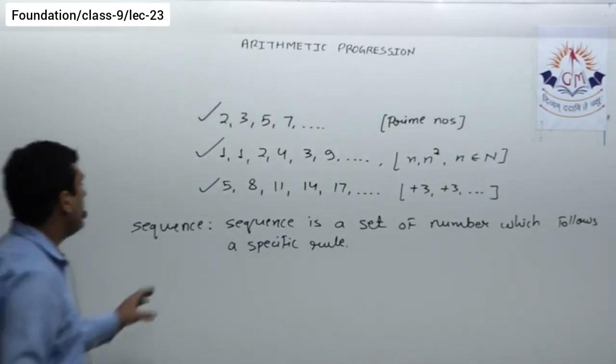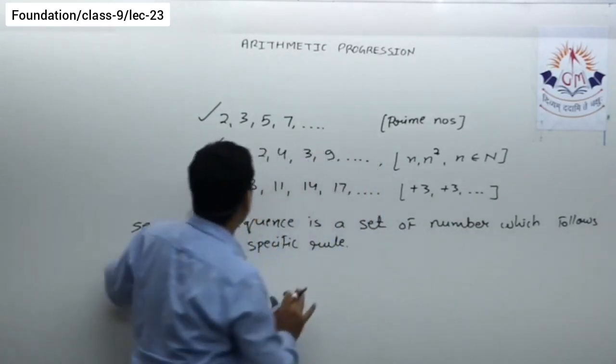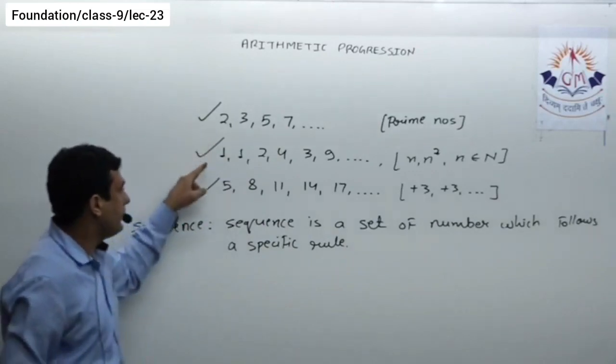Now what is the difference between a sequence and a progression? See, a sequence is a set of numbers which follows a specific rule. This is a sequence, this is also a sequence.